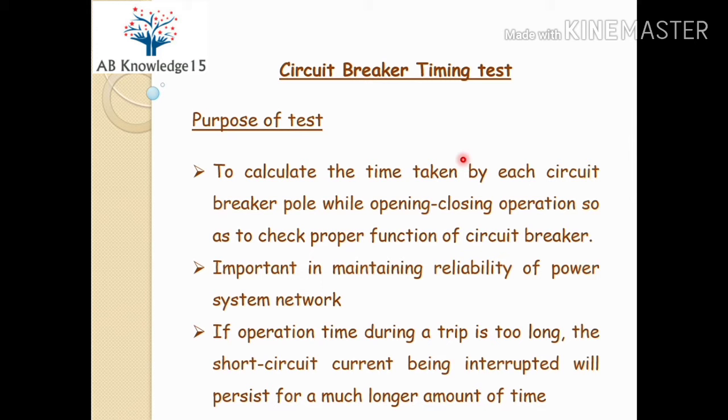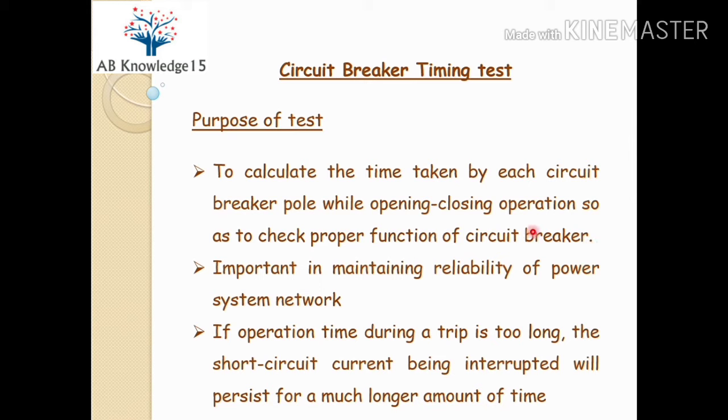Now the third test is the circuit breaker timing test. The purpose of the test is to calculate the time taken by each circuit breaker pole during opening or closing operation, so as to check the proper function of the circuit breaker.